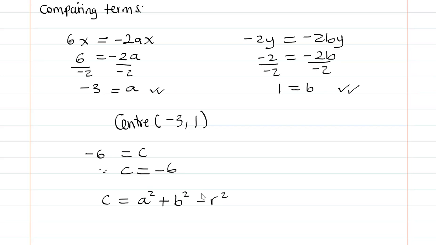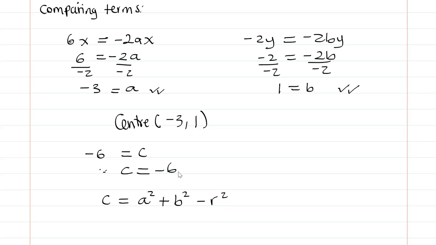There are many formats of expressing this. You'll find in some books R is the subject of the formula. It changes nothing in the final output. The difference is just in the expression, but after computing, you get the same values of R. So this is C, which is the sum of constants, A squared plus B squared minus R squared.